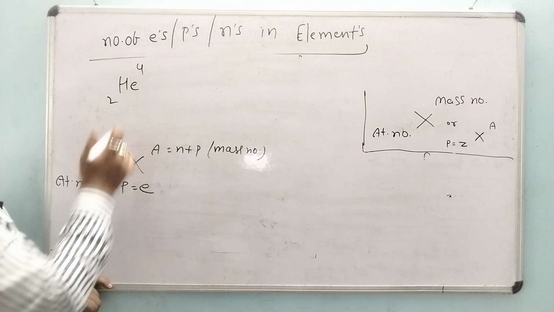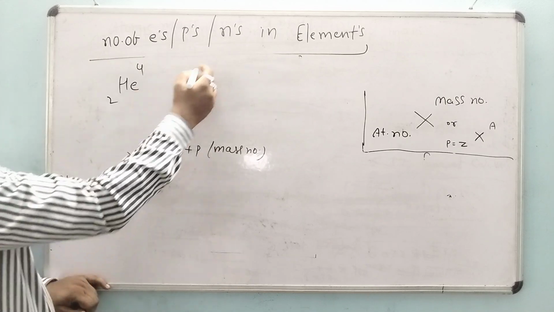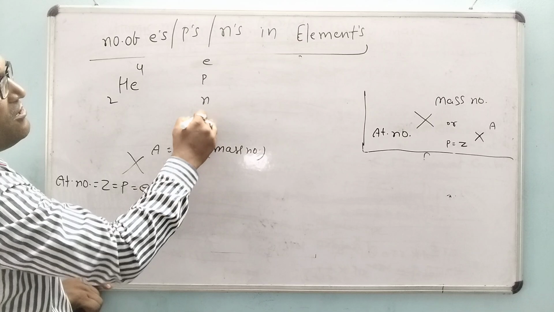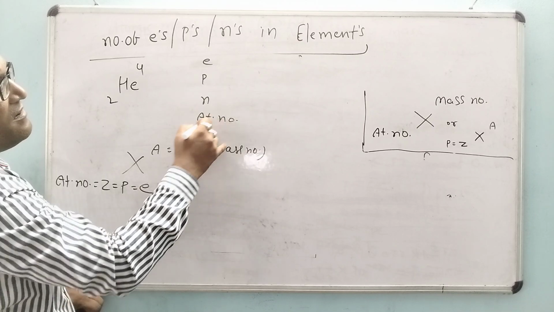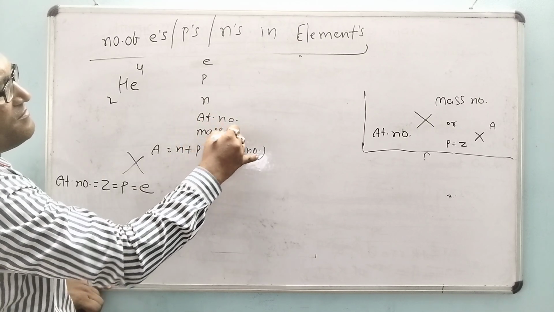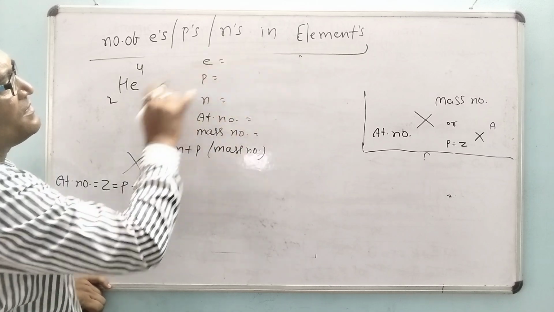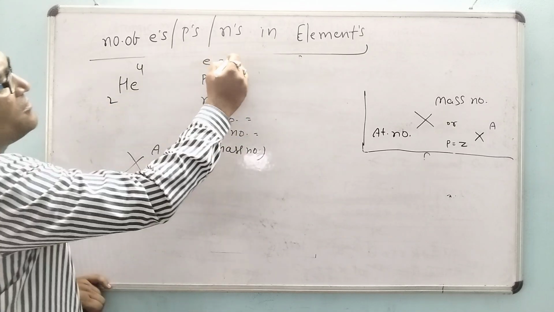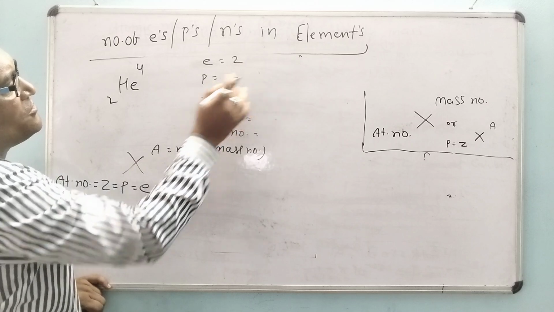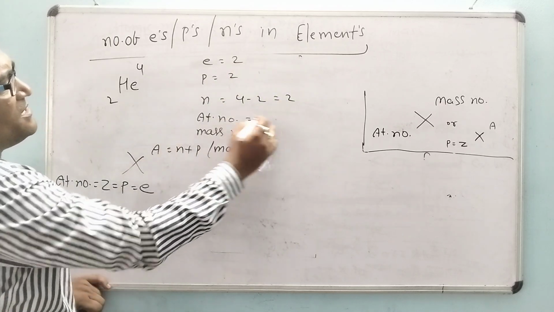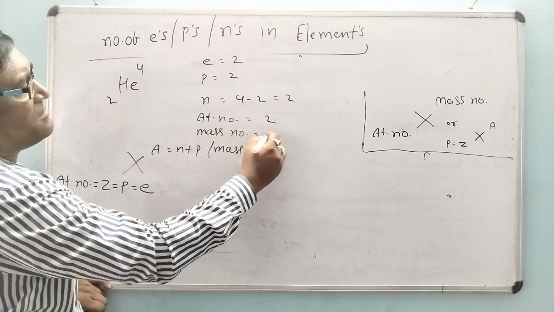Now we can solve this question easily. Here electron is 2, proton is 2, neutron is 4 minus 2 is equal to 2, atomic number is 2, and again mass number is 4.